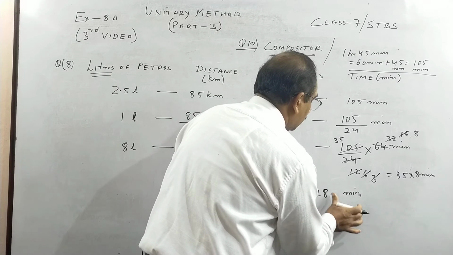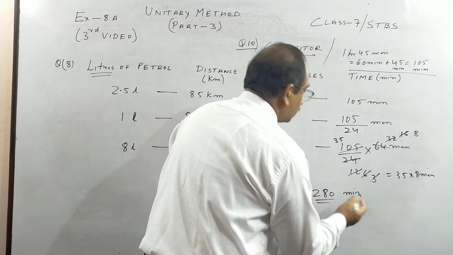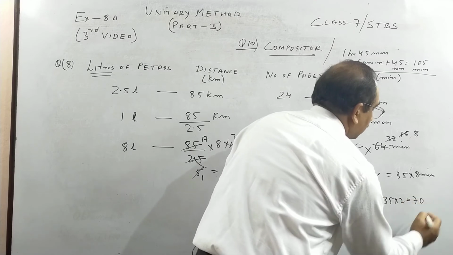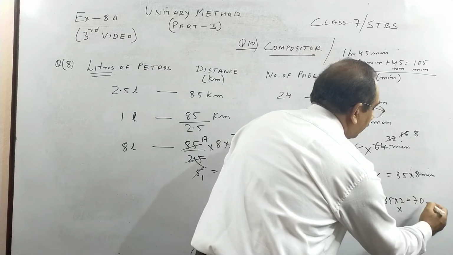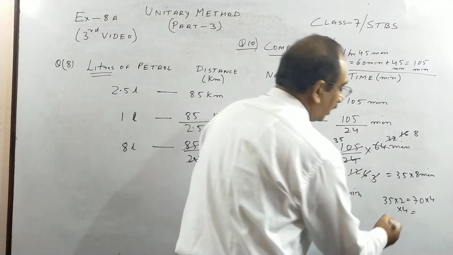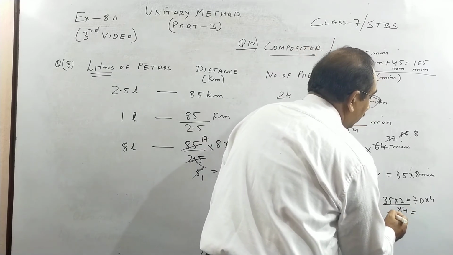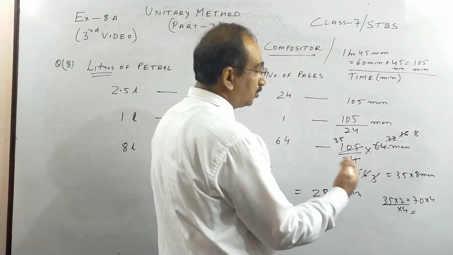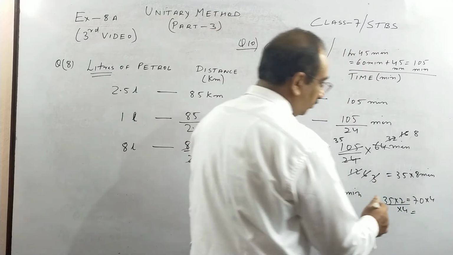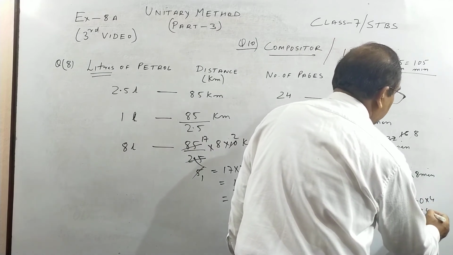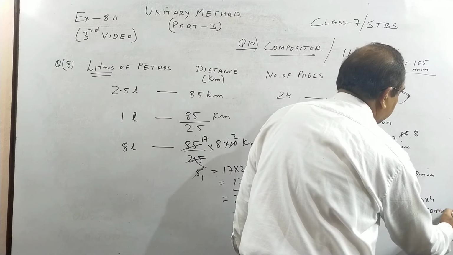See how I am doing with mental maths, I'll tell you. I know 35 twos is 70. So 8 times, I have to multiply this by 4. I'll multiply 4 times to get that 8 times. Or you do traditional multiplication, no doubt about it, you will get 280 minutes.